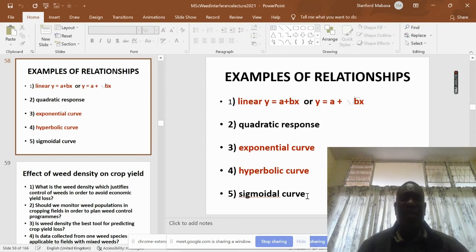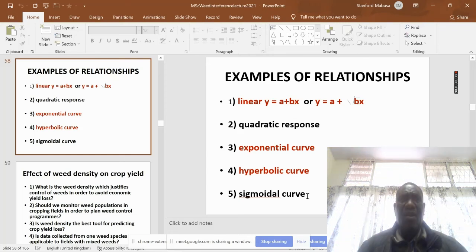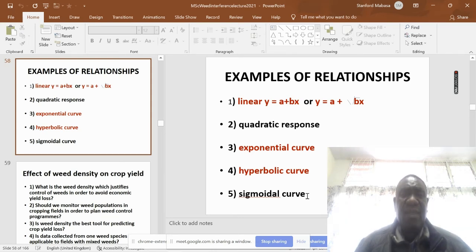Remember, you can use these relationships to determine the minimum number of weeds which can justify weed control. You can also determine the competitive ability of the weeds. You can also determine crop yield loss.